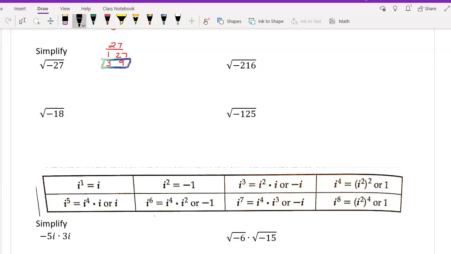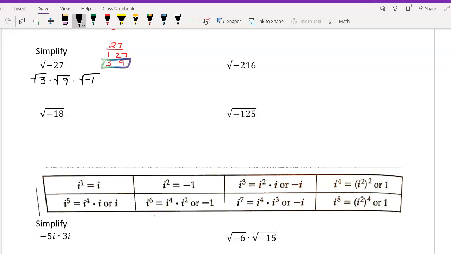Now I'm going to split this -27 into 3 parts. We know that 27 itself splits into the square root of 3 times the square root of 9. But how did we make that a negative? Well, that is where this -1 comes into play, because 3 times 9 times -1 equals -27.